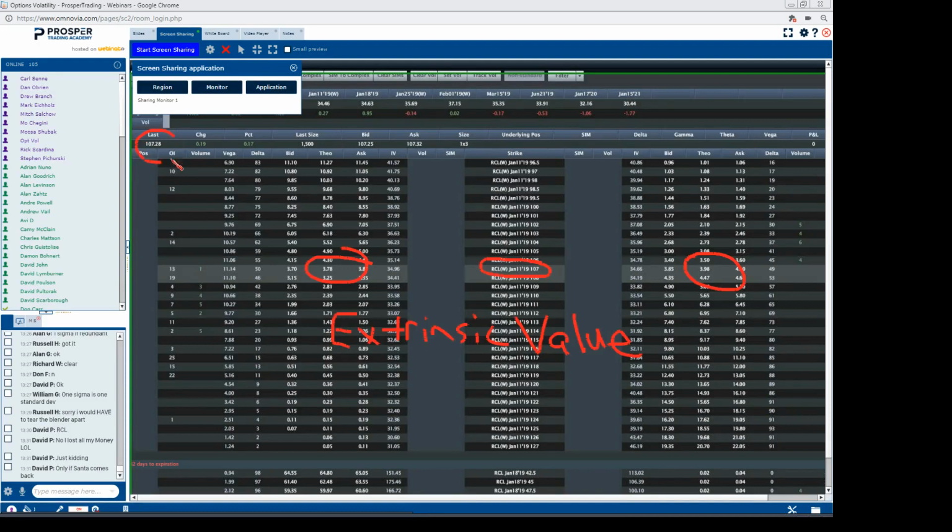Right now, if we go out to the January 11th options, 107 strike, the stock's trading roughly 107.30, that straddle is about $7.90. If we back out the 30 cents intrinsic value, because the call is in the money by 30 cents, we get roughly $7.60. That is a good approximation for the market expected move over the next 14 or 25 days to January 11th.